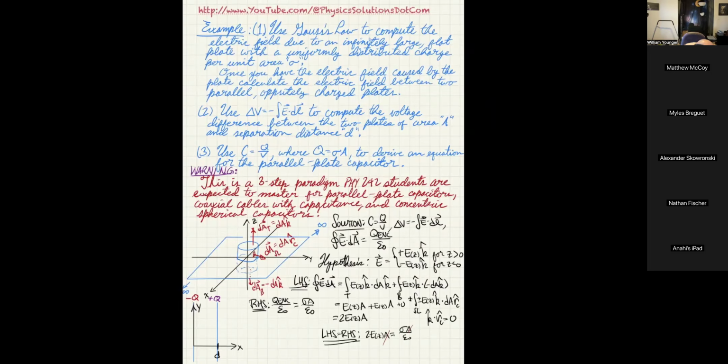And now we can go back to our original hypothesis and say that the electric field is equal to positive sigma over 2 epsilon naught K hat for Z greater than 0, and negative sigma over 2 epsilon naught K hat for Z less than 0. So that's our electric field. That's part of step one. I'm not quite finished with the rest of step one, but you see that the actual electric field is really a constant. It doesn't depend on Z.